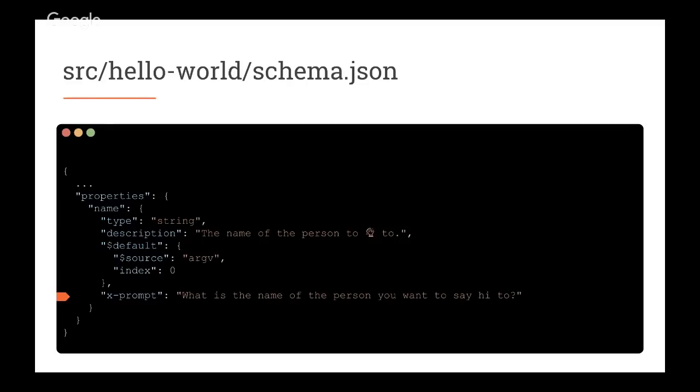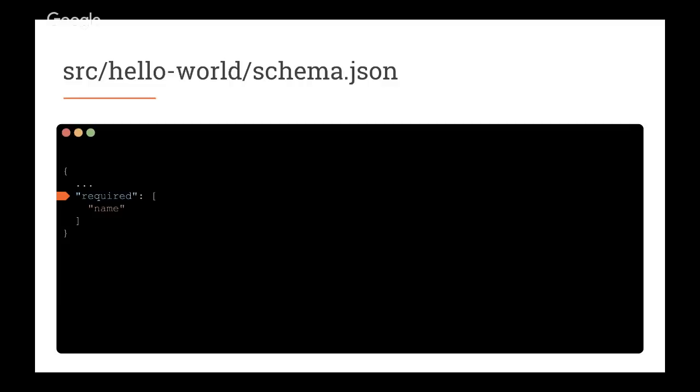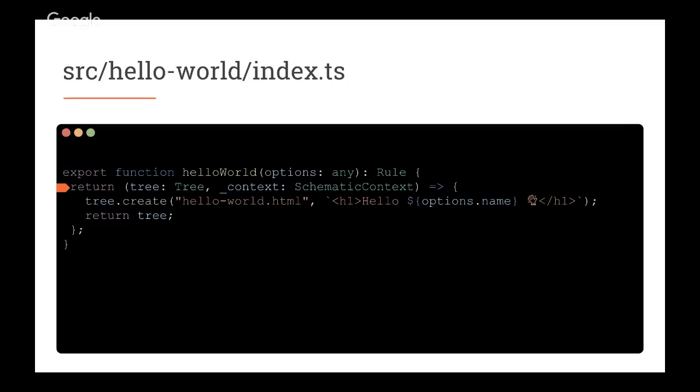You can do some things like enums, so you can give them a list of properties to select from. There's a lot of really powerful, easy to configure CLI properties with this x-prompt key here. And then, like I was saying, required is very easy to set up. It's just another property within that schema name field.